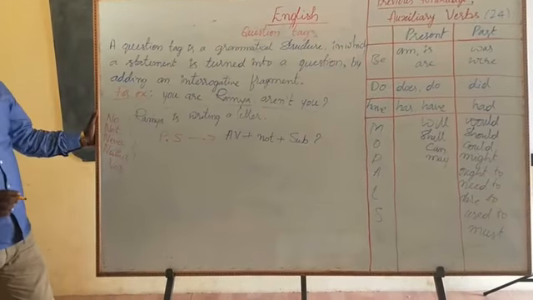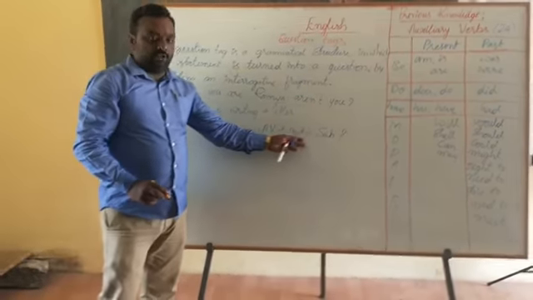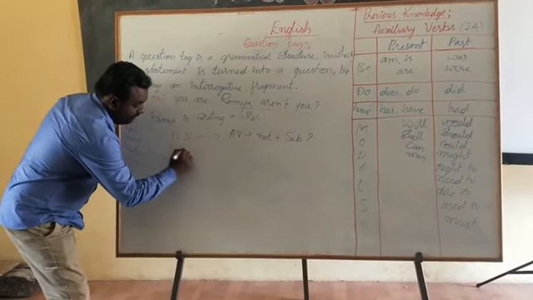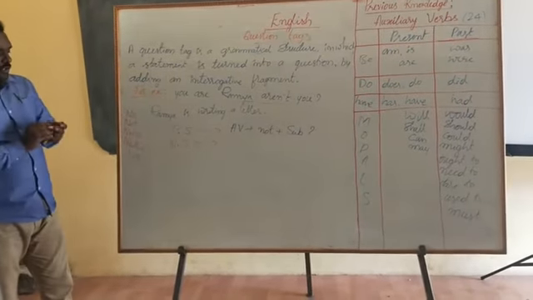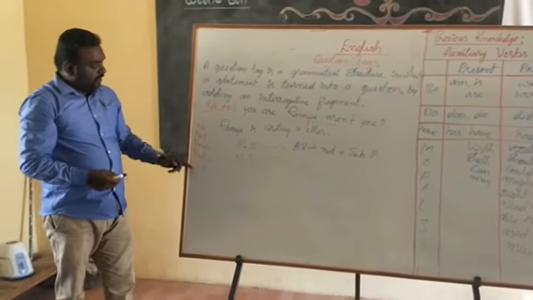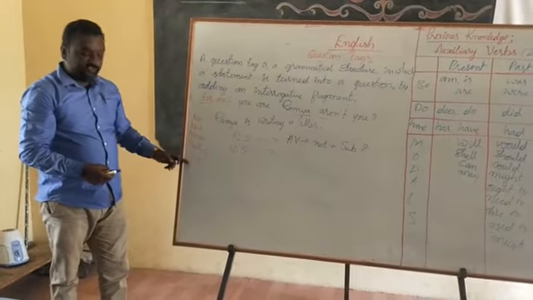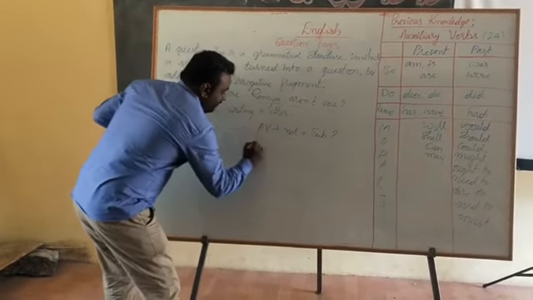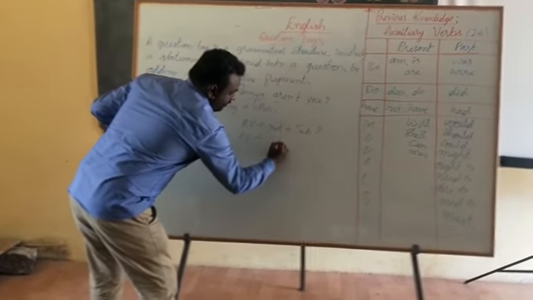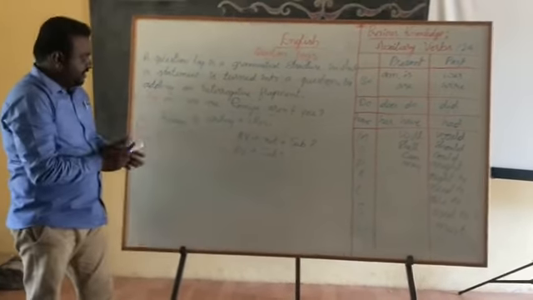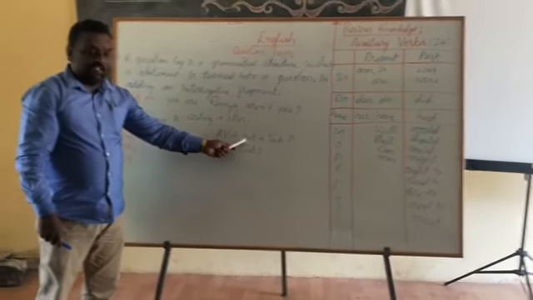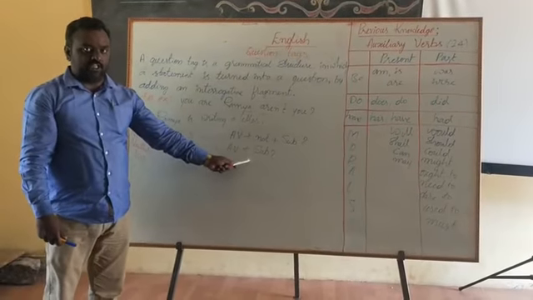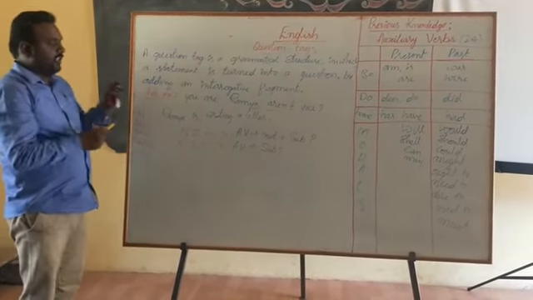This becomes a question tag. If the statement is negative, containing any of these words, the question tag becomes AV plus subject. So a positive statement takes a negative question tag, and a negative statement takes a positive question tag. Let us take another sentence.